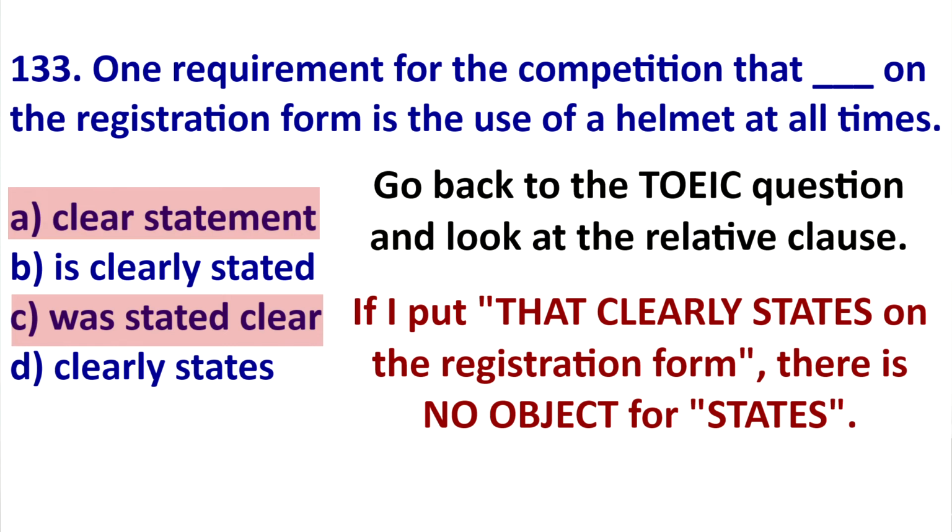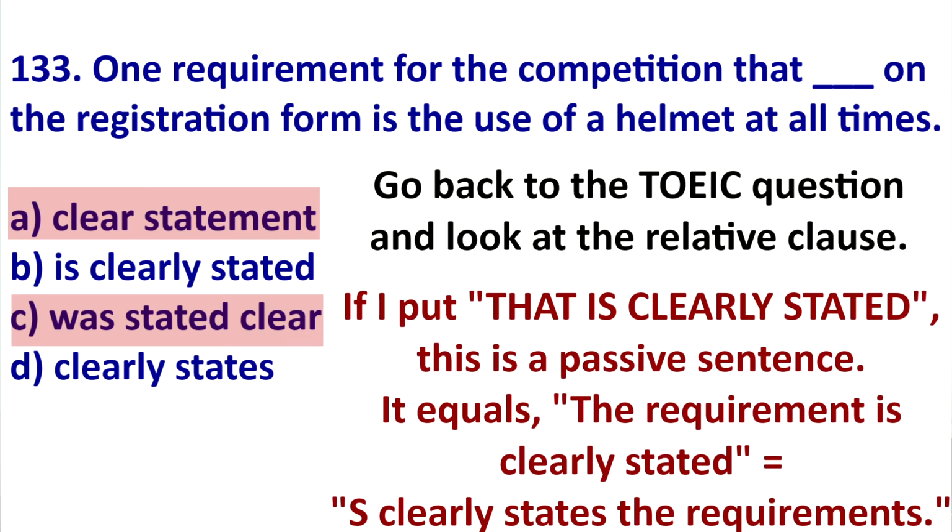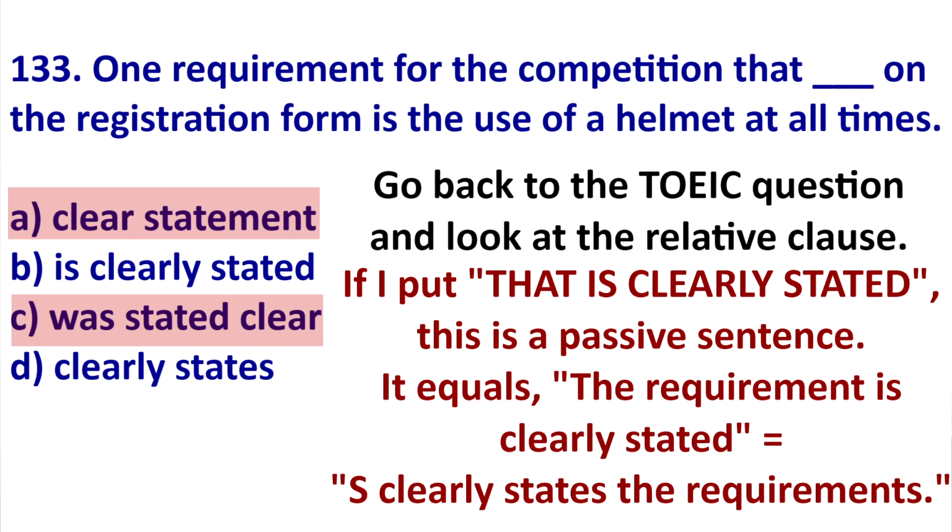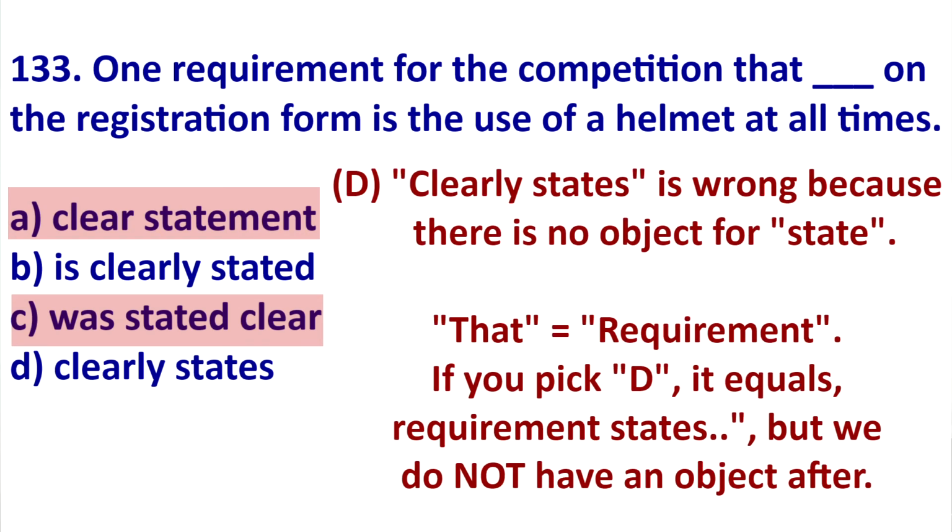If I put that clearly states on the registration form, there's no object after states. However, if I put that is clearly stated, this is passive, so we're saying someone stated that. Remember, that equals the requirement.